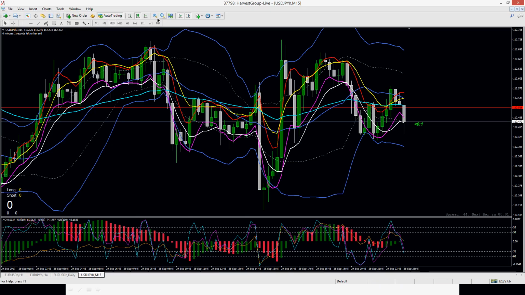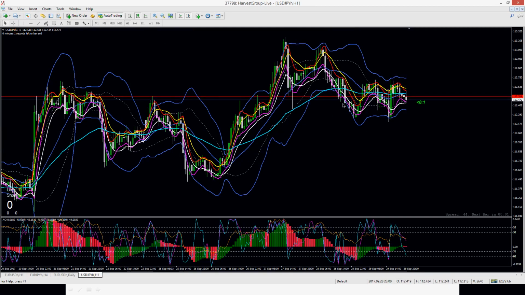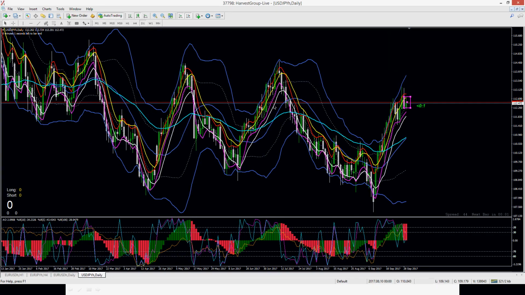So obviously the direction of the market is not defined yet, because H1 is going sideways. Whenever H1 is going sideways, it will be creating a re-entry on a much higher time frame than H4. So obviously H4 is still going sideways as well, and D1.